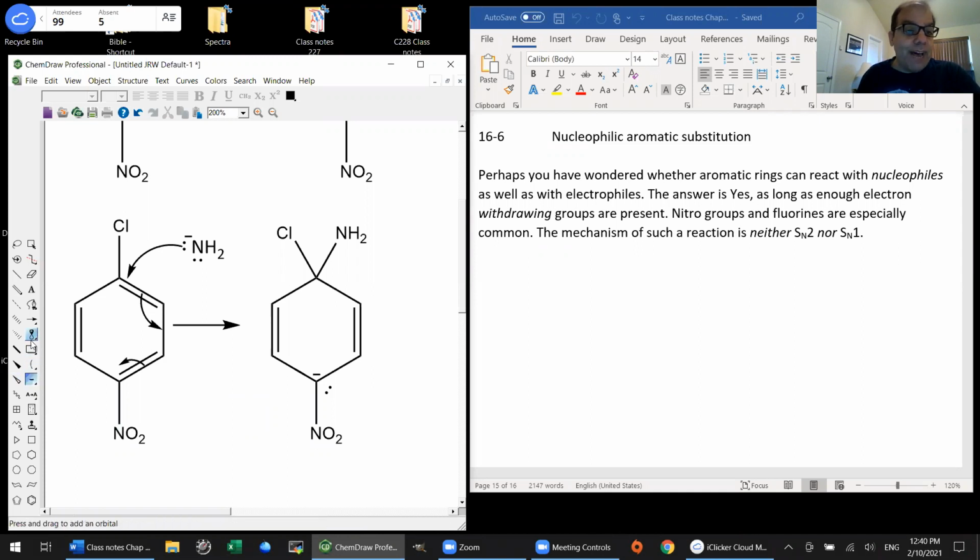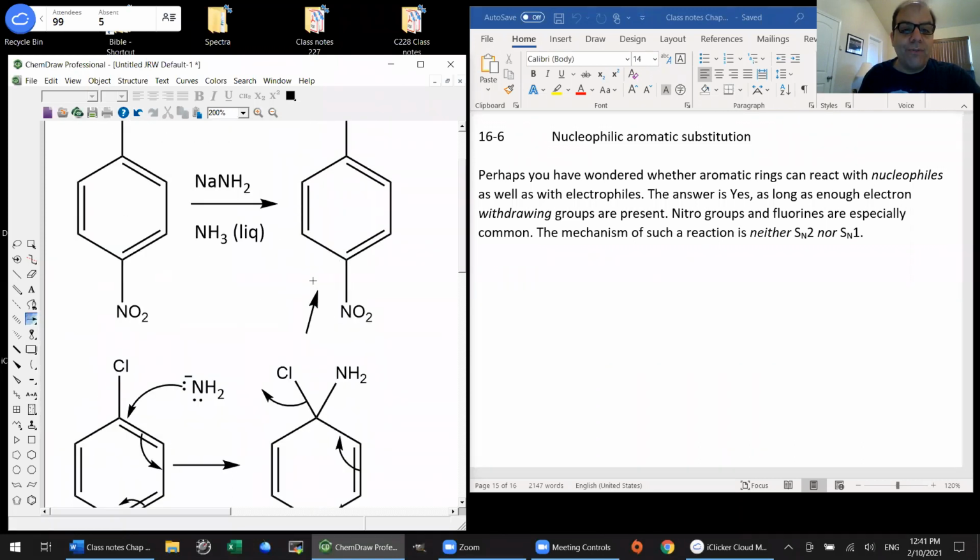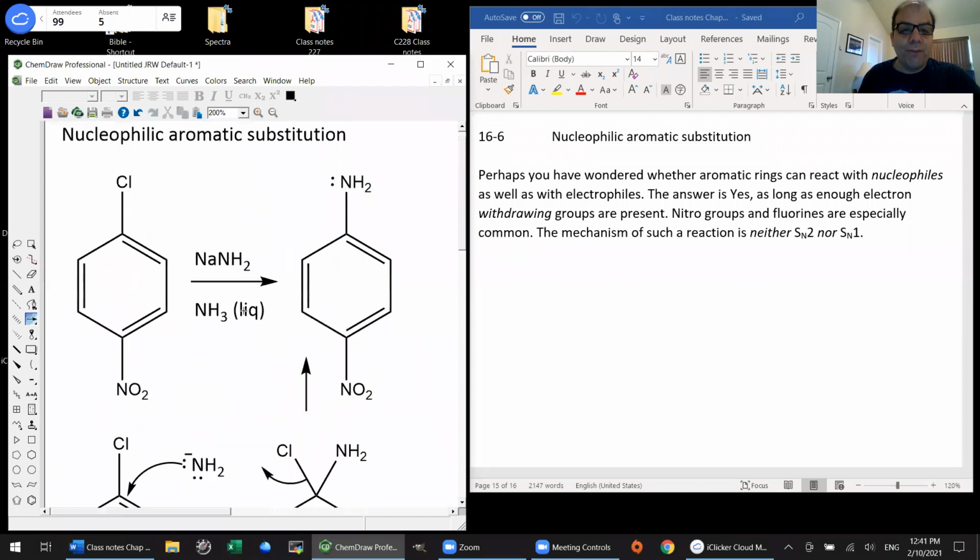Anyway, once we have that intermediate, this is now going to push the electrons back into the aromatic ring. That will regenerate the aromaticity, for which, as you can imagine, there's an extremely strong driving force. We kick out the leaving group, whatever it might be, and that gets us straight to our product, which would look like this.